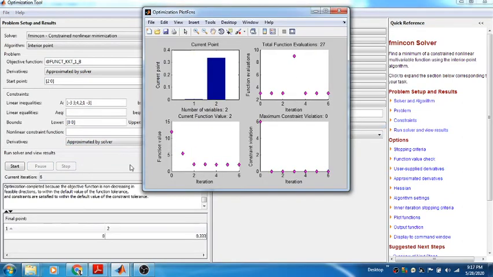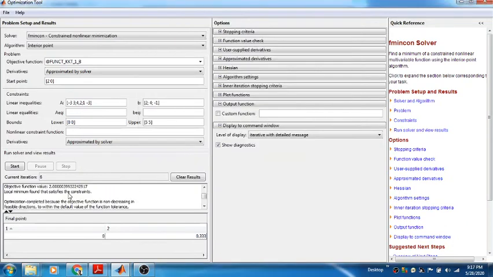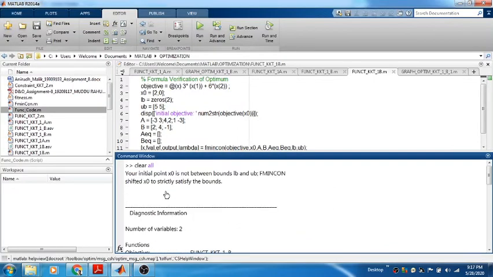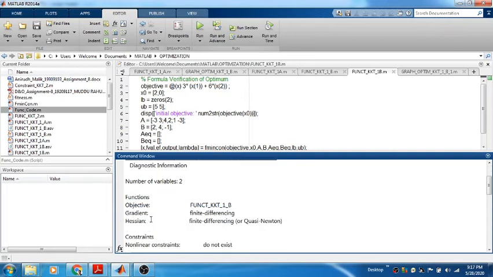That means x1 will be 0, x2 will be 1 by 3, and you can see here that it is giving you the same answer, and you can see the whole history of this function, that is fmincon, given here.